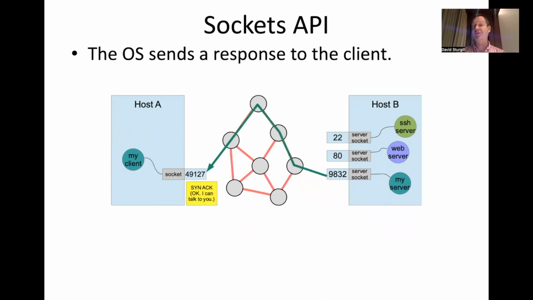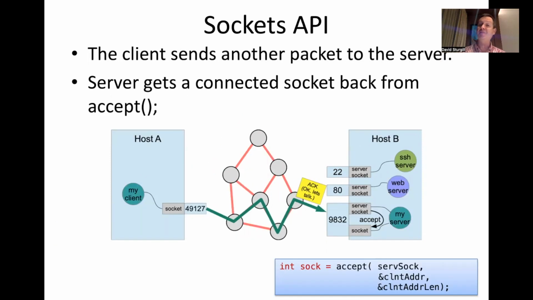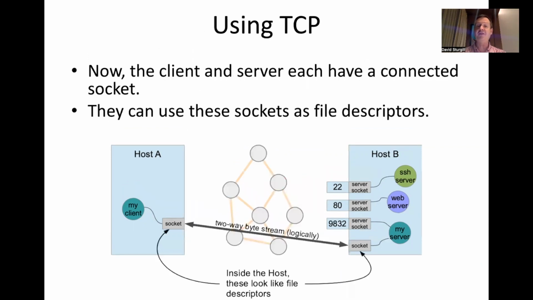Client sends a request, server sends a response, client sends back a response, and that's when the server returns from accept, and it gets back a socket for communicating with the client. So it gets back a socket in the connected state, and that's one that it can send and receive bytes over. So now the client and the server both have sockets that they can use to send and receive data.